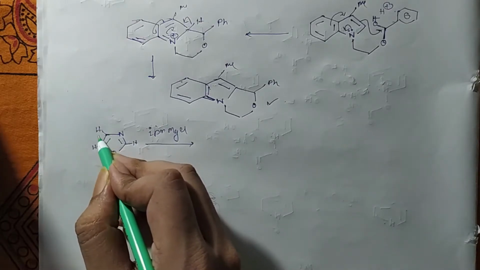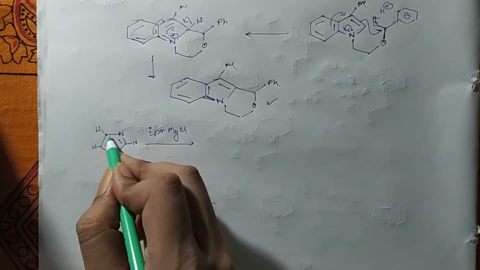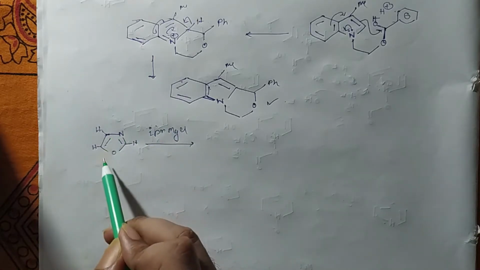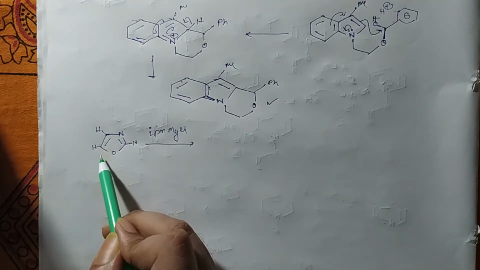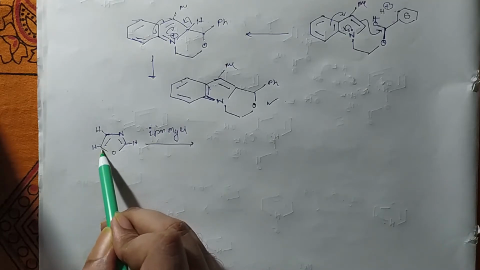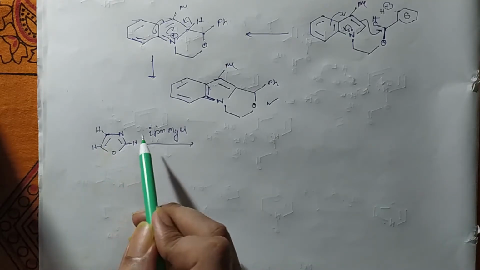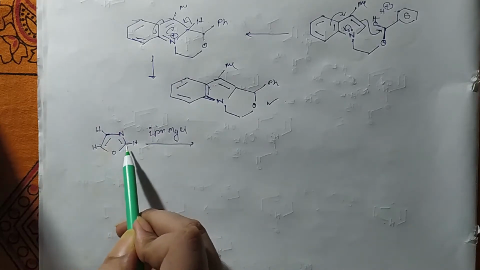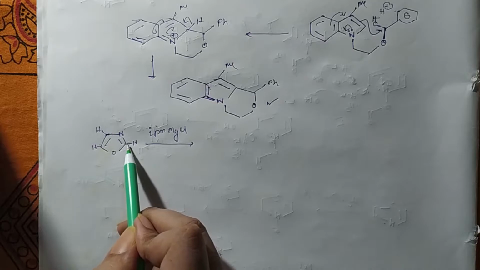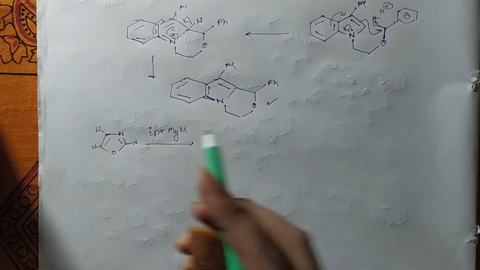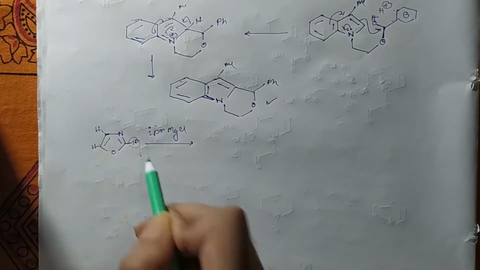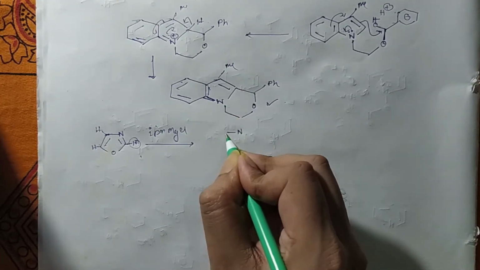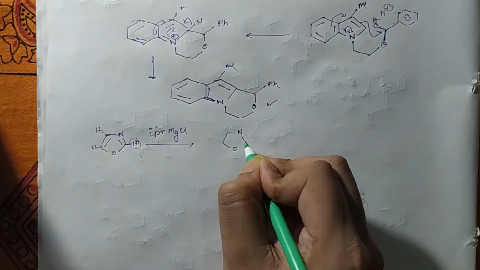If this proton is abstracted, the negative charge will be stabilized only by the electronegative effect of the nitrogen. If this proton is abstracted, the negative charge will be solely stabilized by the electronegativity of oxygen. And if this proton is abstracted, then the negative charge will be stabilized by both the nitrogen and the oxygen. So this proton is more acidic than the other protons, so we get this type of intermediate.